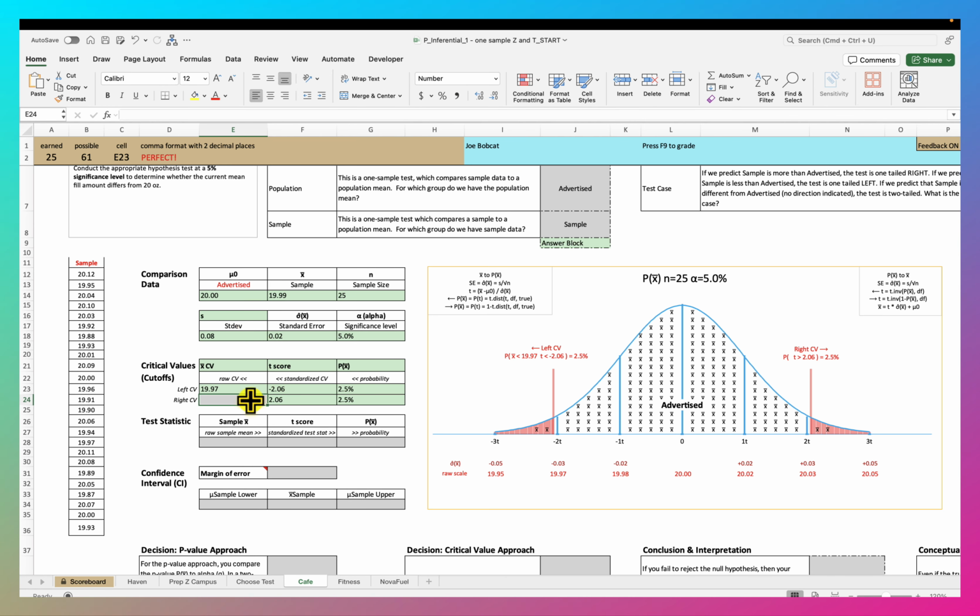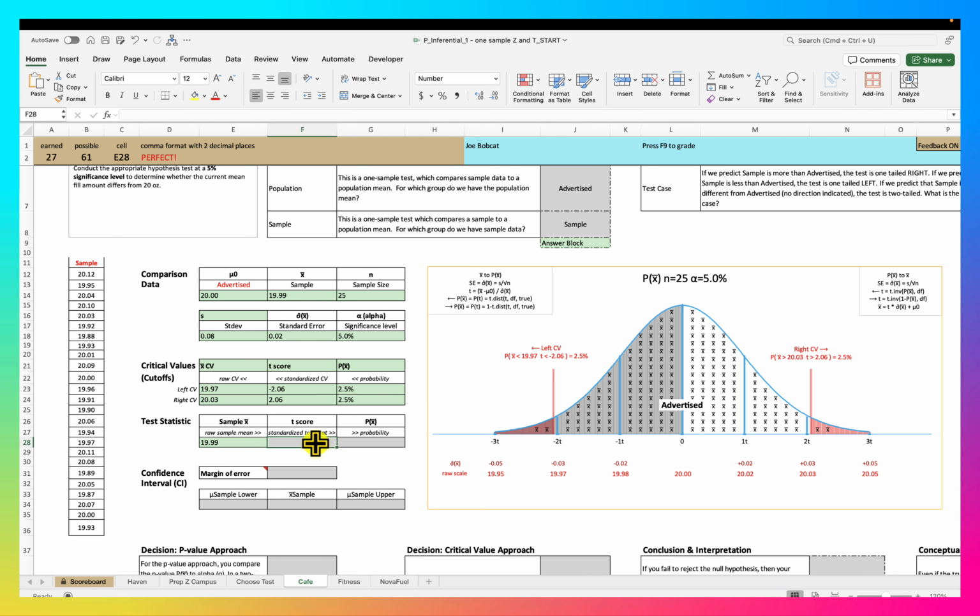There we go. And then for this one, it's going to be the t-score times the standard error. Again, plus the population mean, not the sample mean. All right. And then our sample, x bar, is this guy.